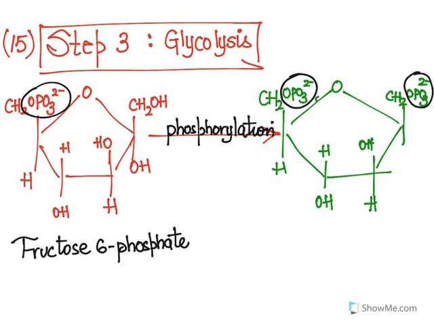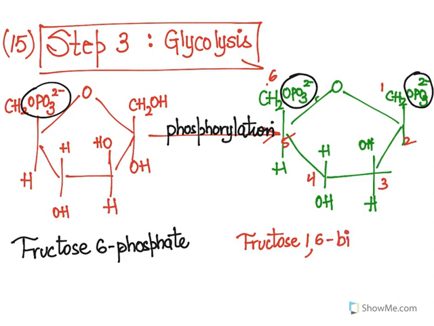And let me erase these names because I just want to name it according to the carbons. And here we have the first one, second, third, fourth, fifth, and sixth. So how will the name change now? The name for this fructose will be fructose 1 and 6. Both these places we have the phosphate group.